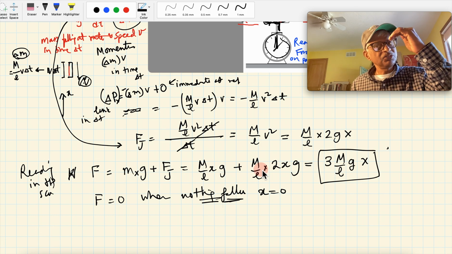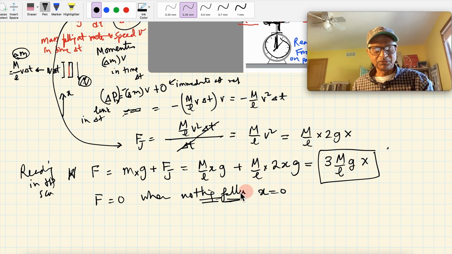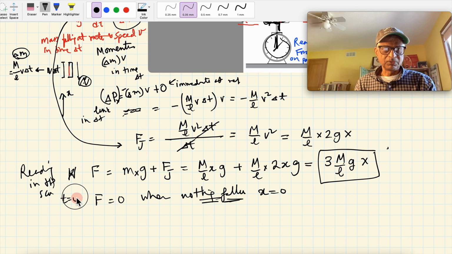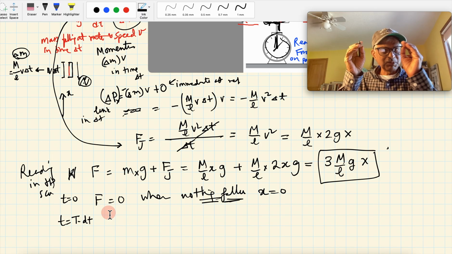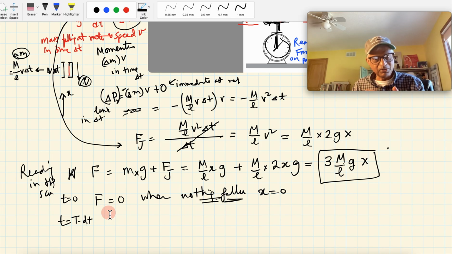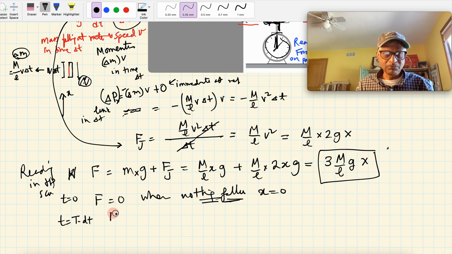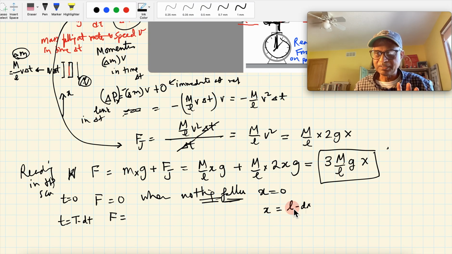When the entire chain has fallen, so this is t equals t minus dt, just an infinitesimal time just before, it's still falling, so that fj is not 0, then F is 3, then x will be all l minus a little dl, hasn't fallen yet.